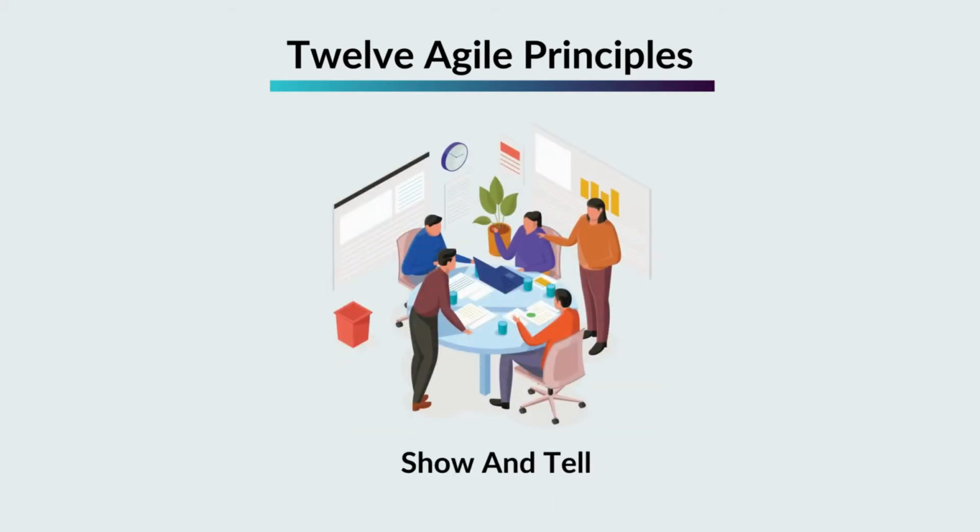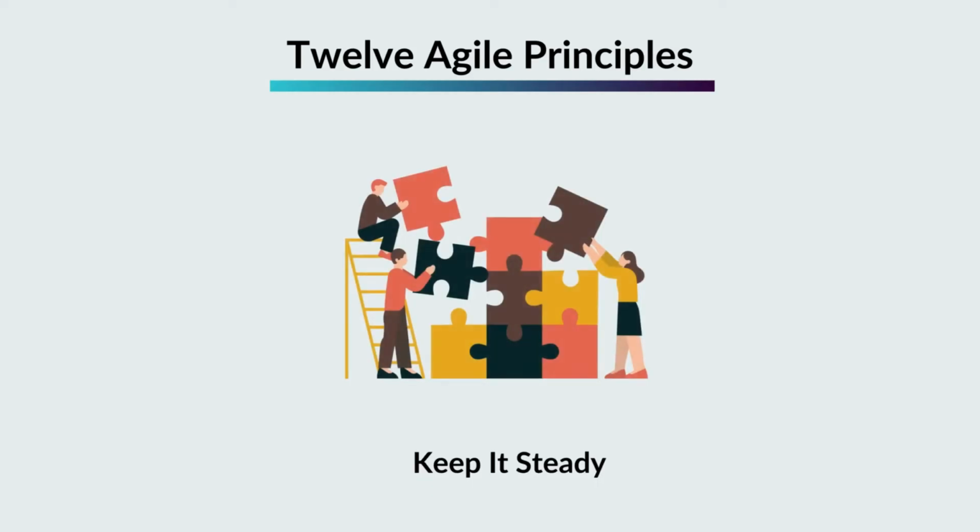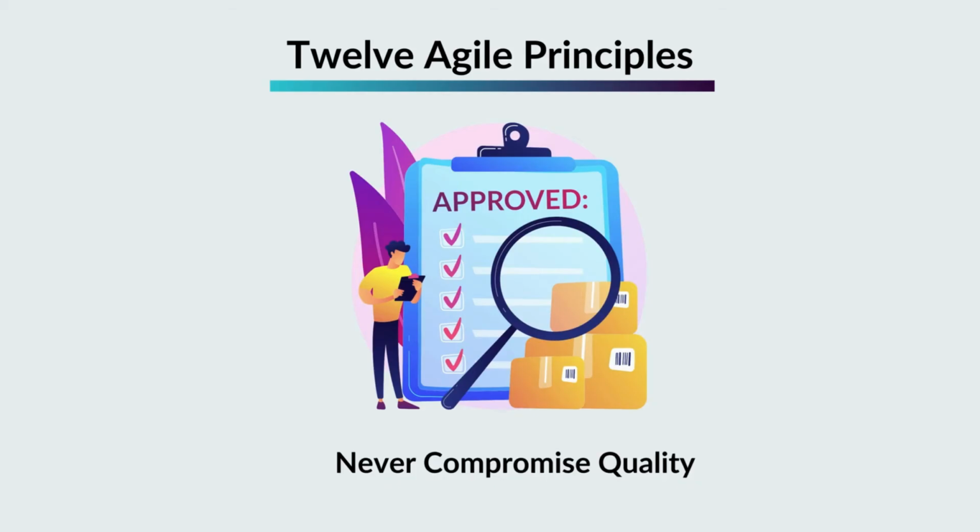Show and tell. Deploy the small sprints of the working software as the primary measure of success. Keep it steady. Agile process promotes sustainable development through maintaining constant pace among the sponsors, developers, and users. Never compromise quality. Focus continuously on technical excellence and design to enhance agility.